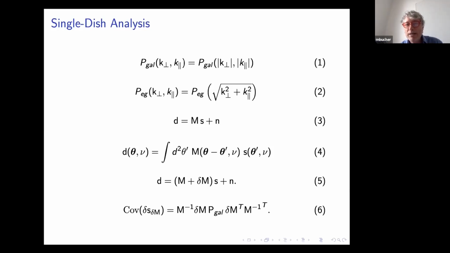So if you have a linear measurement process, then we have equation 3, where there's a linear transfer function with noise put on it. And in terms of the antenna pattern, it really comes into the matrix M.